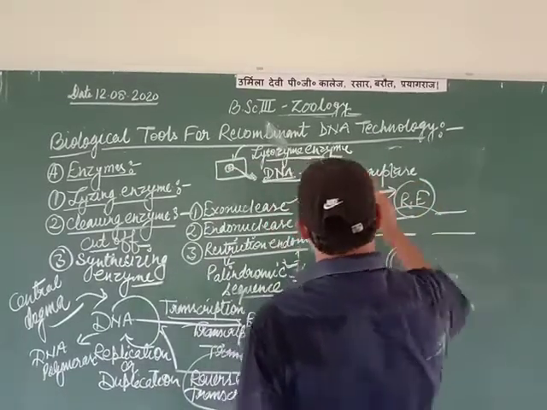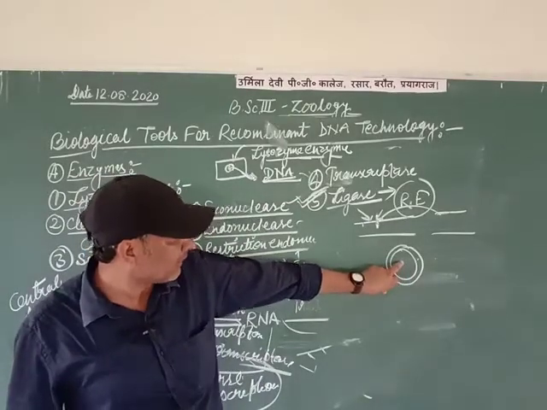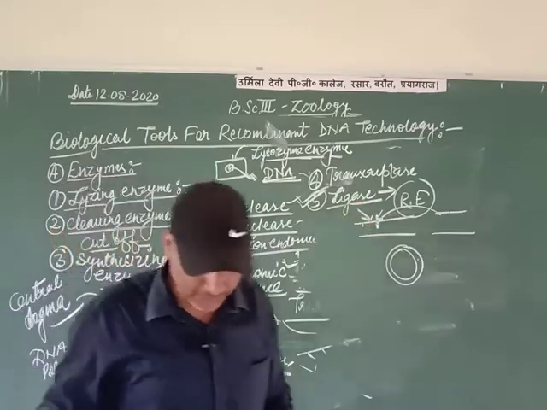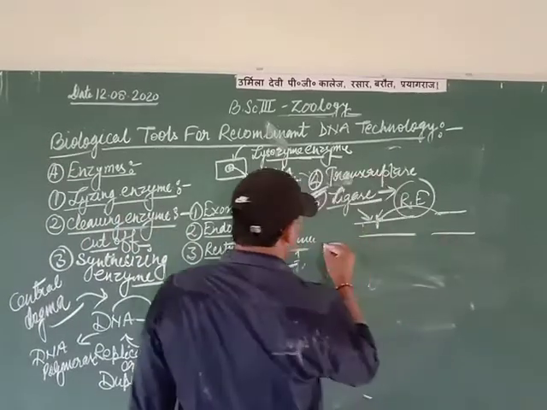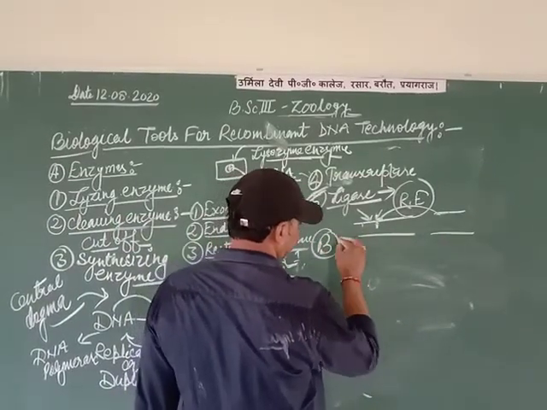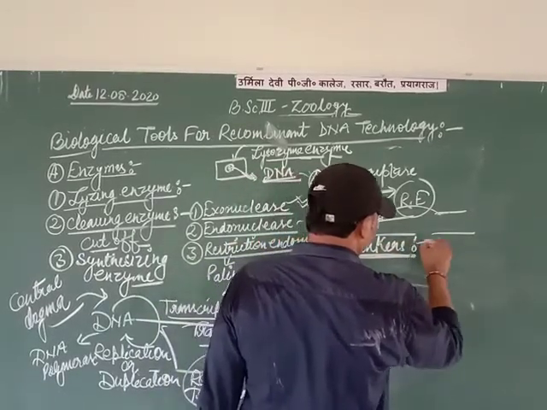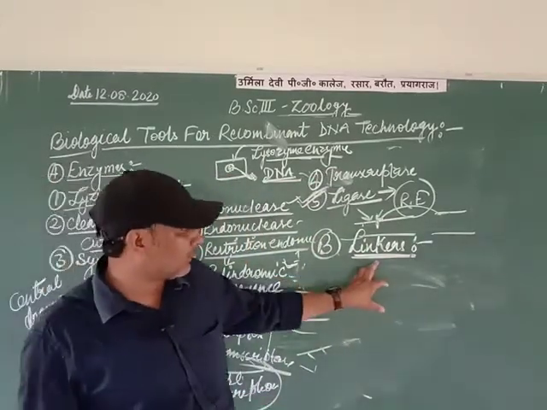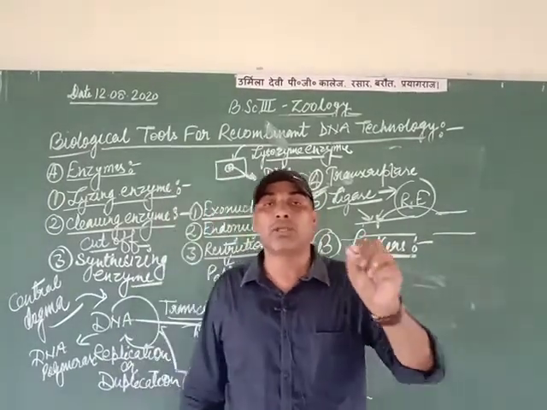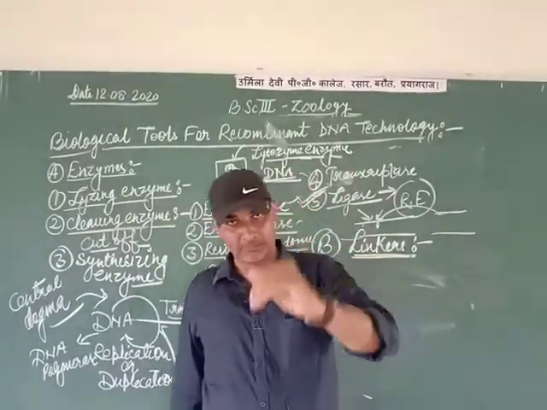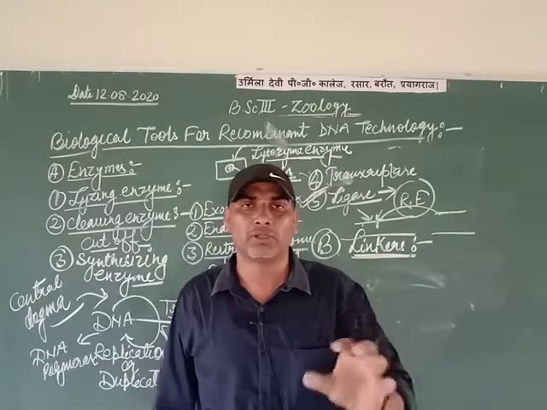So this enzyme is very important for the formation of recombinants through ligation. After that comes the formation of linkers. Linkers means linked molecules. These are oligonucleotides: when a number of nucleotides are joined together, they form oligo and poly nucleotides.